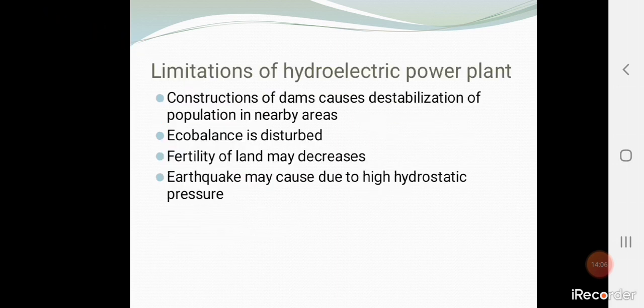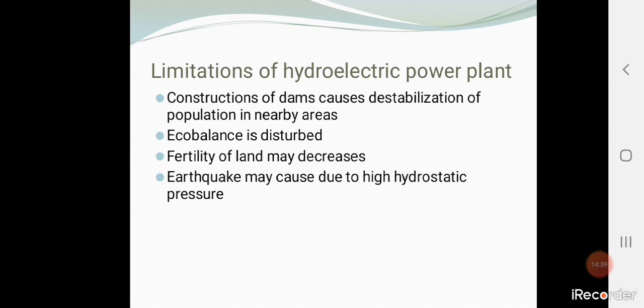So guys, limitations of the hydroelectric power plant. What are the limitations? Construction of dams causes destabilization of population in nearby areas. Suppose a few societies are near a river, and the government wants to construct a dam.